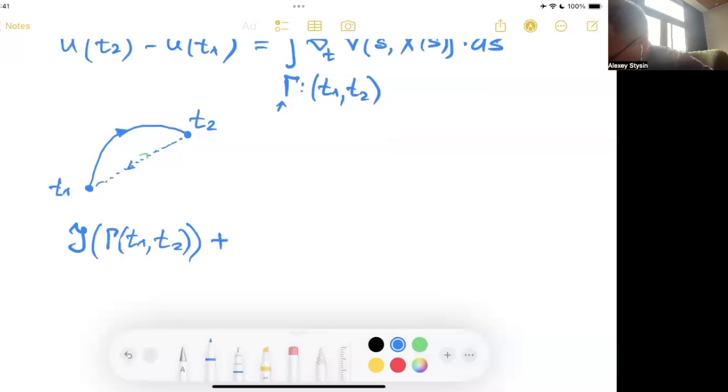So we have v, and we are going from t2 to t1, so this is going to be v of t1 and x of t2 minus v of t2 and x of t2.